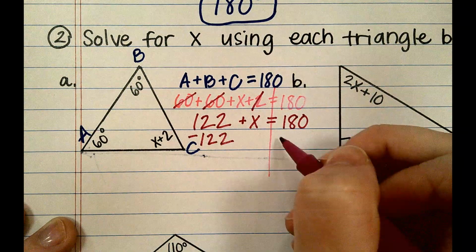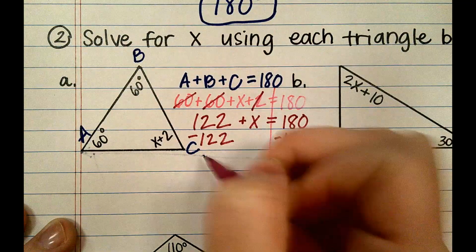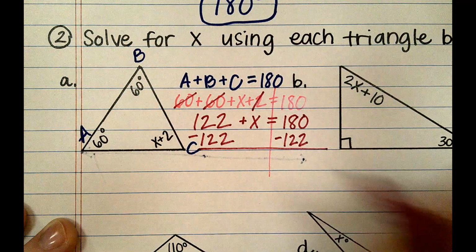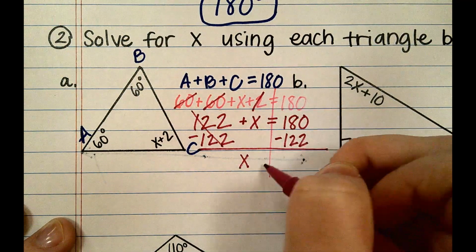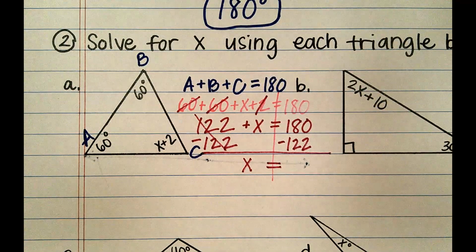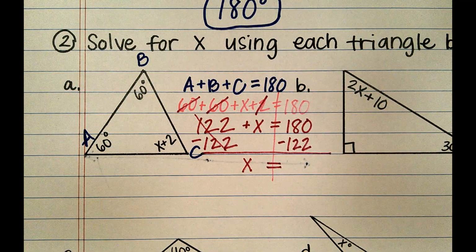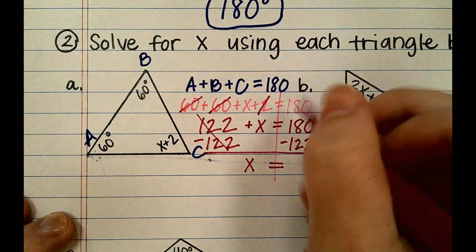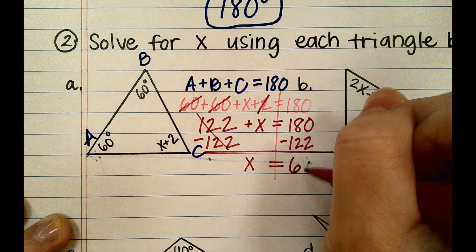Subtract 122 from both sides. And we get x equals 58.